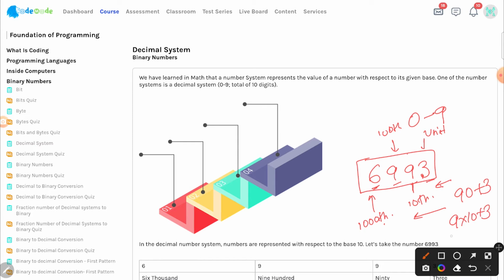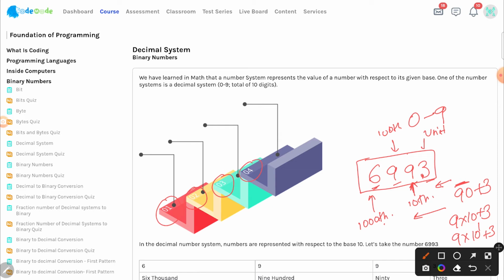It also means that it is 9 multiplied by 10 to the power 1 plus 3. That's why we called it 10th position. 9 is on the 10th position here. So this is unit position, this is 10th position, this is 100th position, and this is 1000th position.